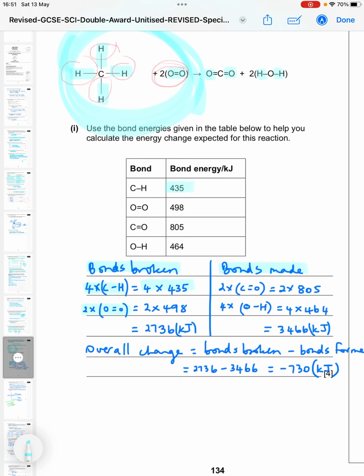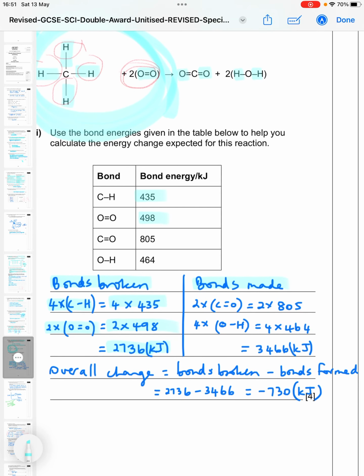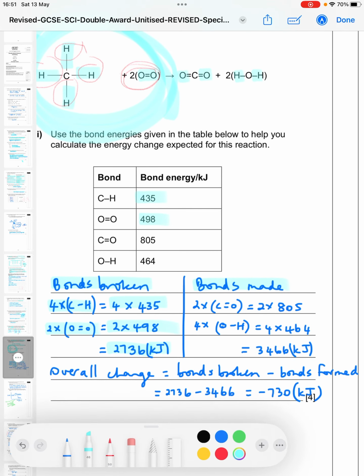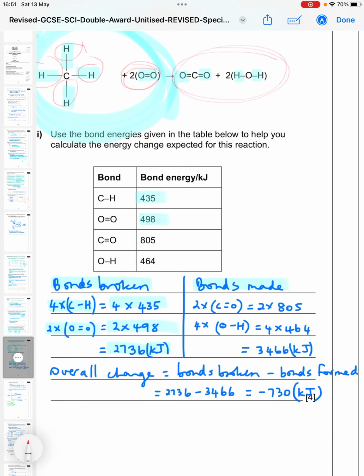So it's a case of looking them up on the table. So 4 of the carbon to hydrogen bonds, 4 times 435. 2 of the oxygen double bonds, so 2 times 498. When you add all of that up, you get 2,736 kilojoules. Now, in the mark scheme, they didn't call for the units, but it's good practice to use them anyway.